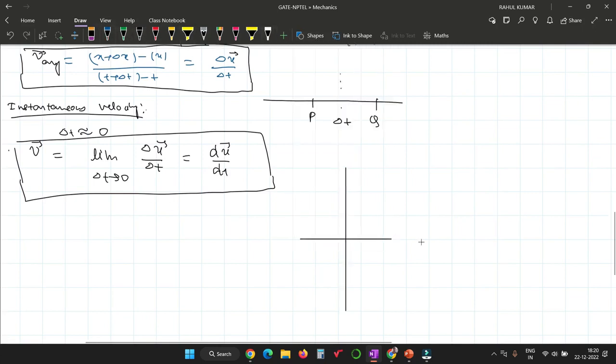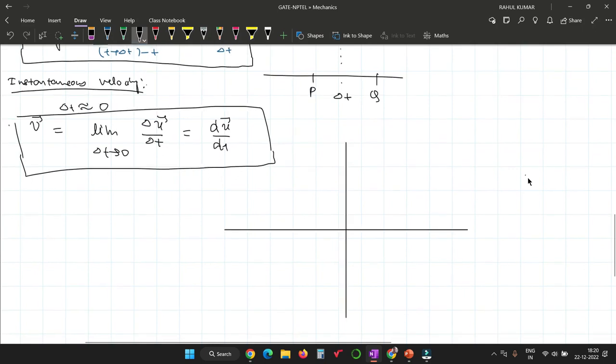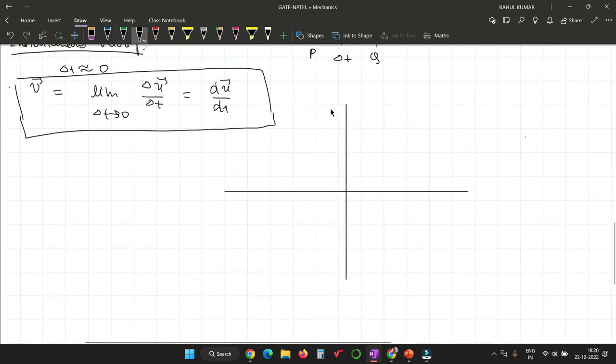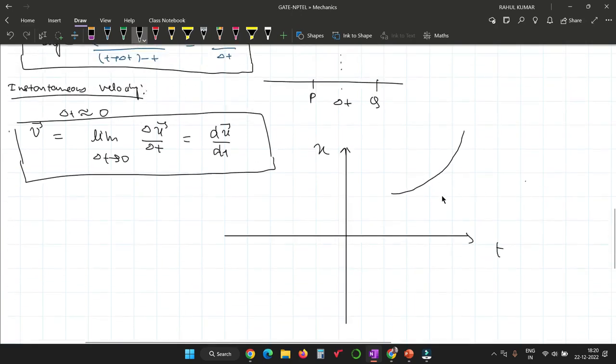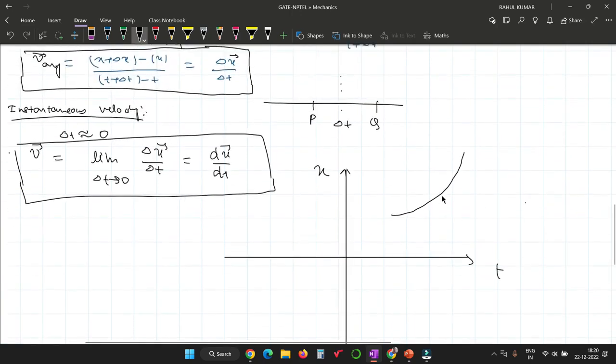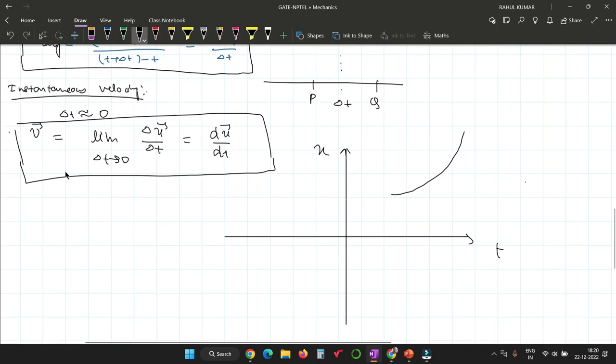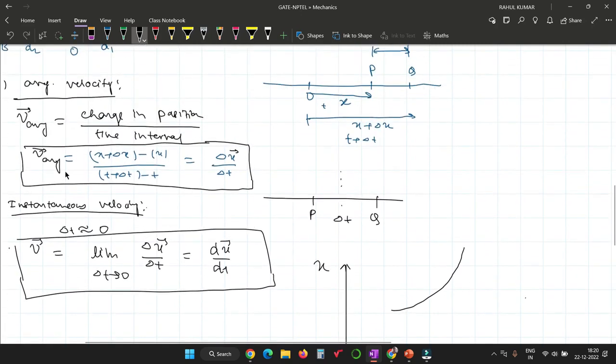If you want to interpret it graphically, suppose I have a graph of position versus time t, and the path of the particle is like this. I'm not talking about straight line motion, just giving an example, because the concept of instantaneous and average velocity is the same everywhere.